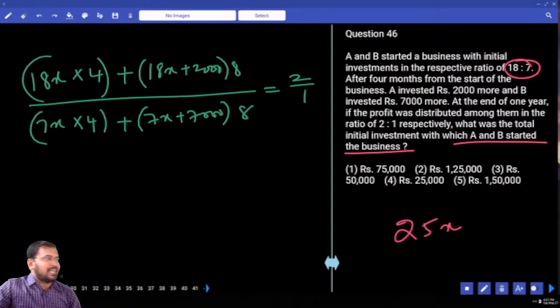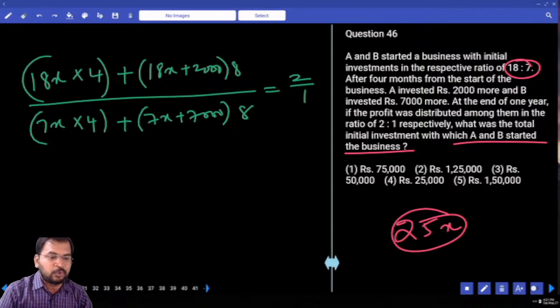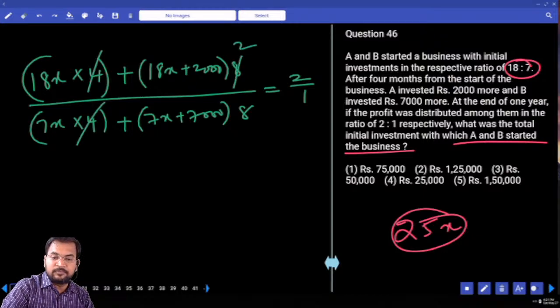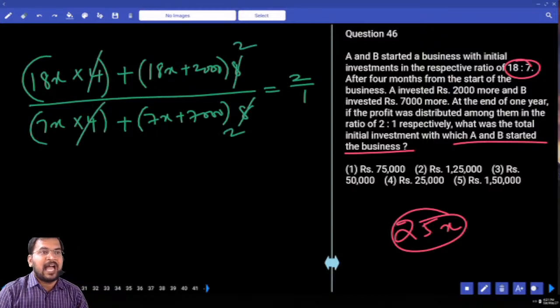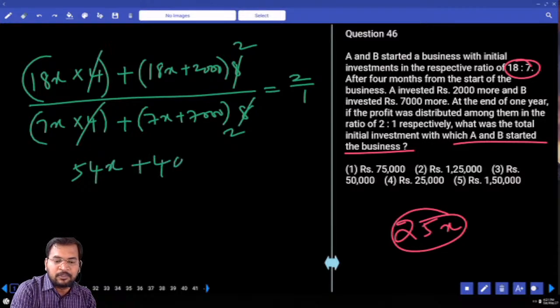Now we need to find out x, and after finding x, we need to find out 25x. Now look at here, all of you. I cancelled 4 everywhere. Now 18x, 36x, 54x, and 2 into 2000 is 4000.